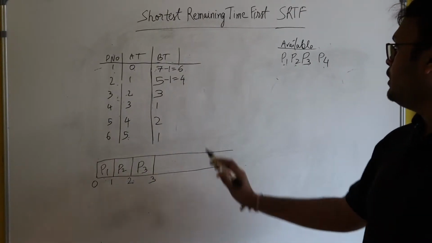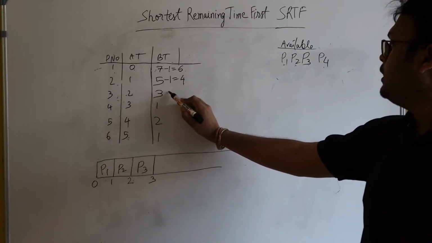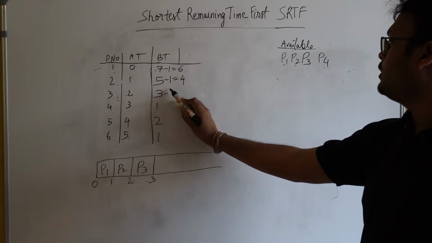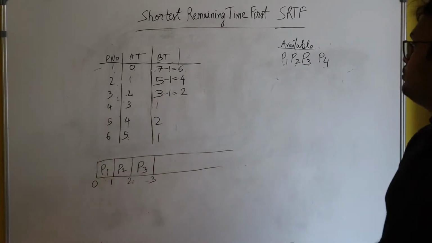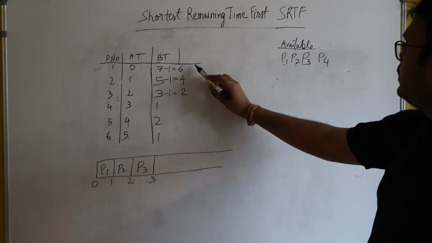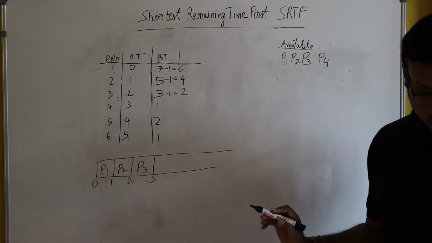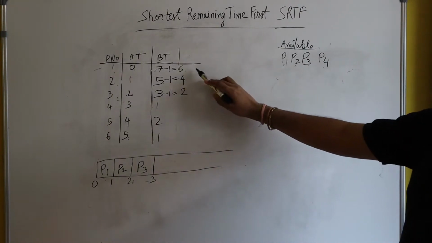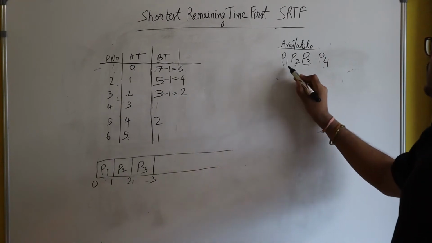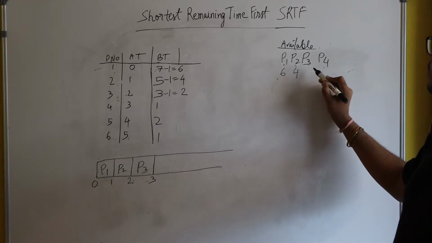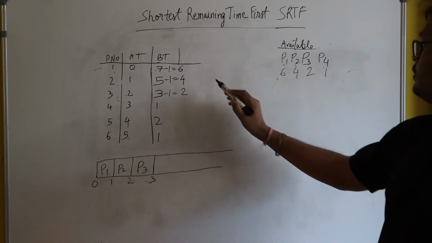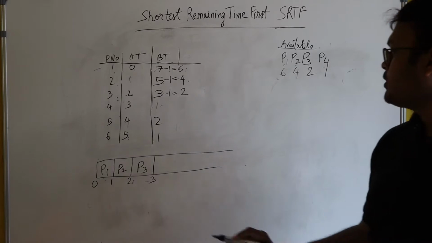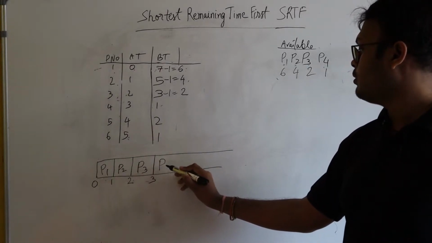This P3 has executed for 1 second, so how much time does it have left for execution? 3 minus 1 is equal to 2. Now among these 4 processes, which process has the lowest burst time? 6, 4, 2, 1. P4 has the lowest burst time. So here I will schedule P4.